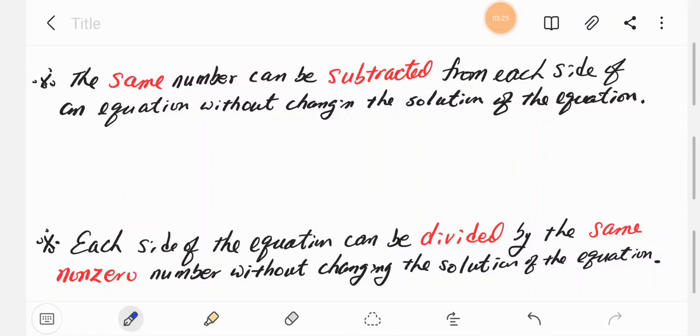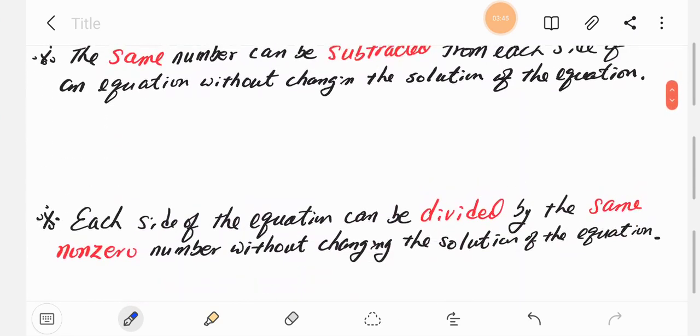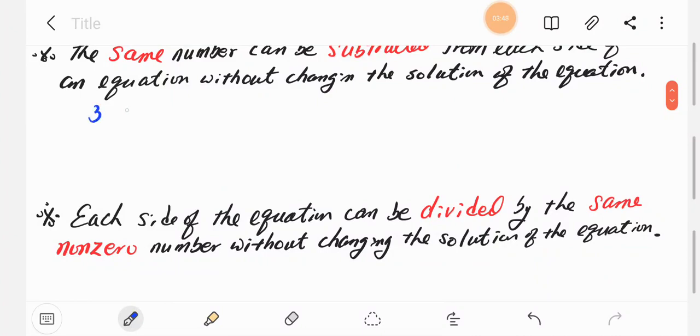The same number can be subtracted from each side of an equation without changing the solution of the equation. So this means you can subtract the same number from each side. For example, let's try x plus 5 equals 7.